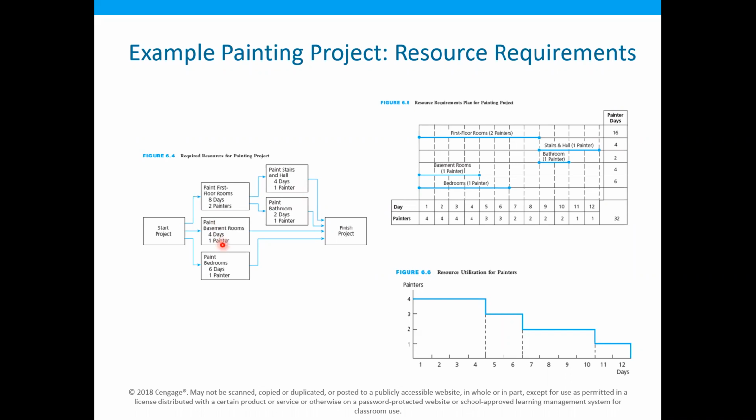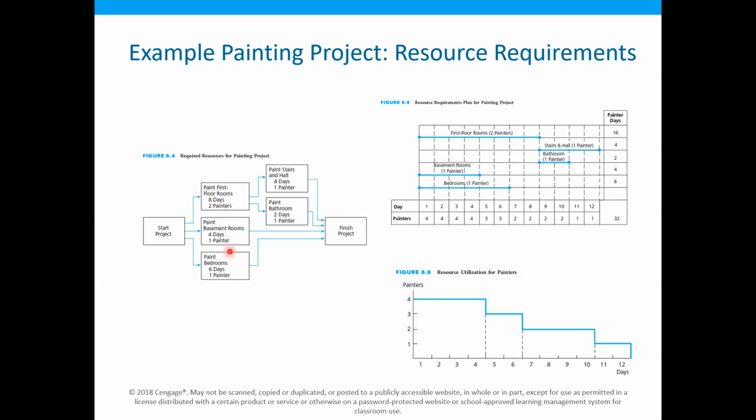On the other hand, painting in the basement and painting in the bedroom can be performed simultaneously with the painting in the first floor rooms. So there is no technical constraint considered in this project.